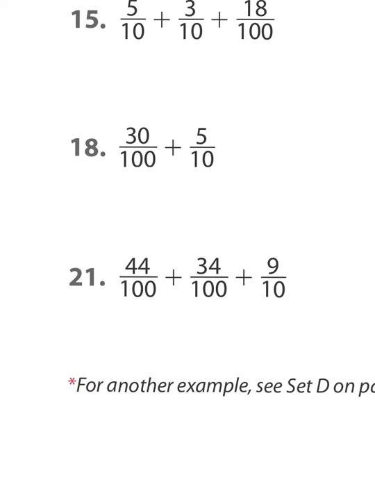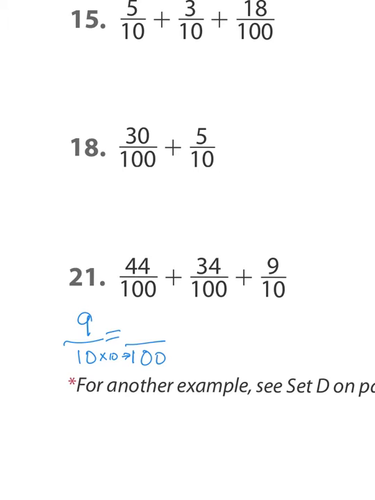So I'm going to change 9 tenths into an equivalent fraction with a denominator of 100. In order to do that, I know that I need to multiply 10 by 10 to get 100. And whatever I do to the bottom of my fraction, I always need to do to the top, the numerator.